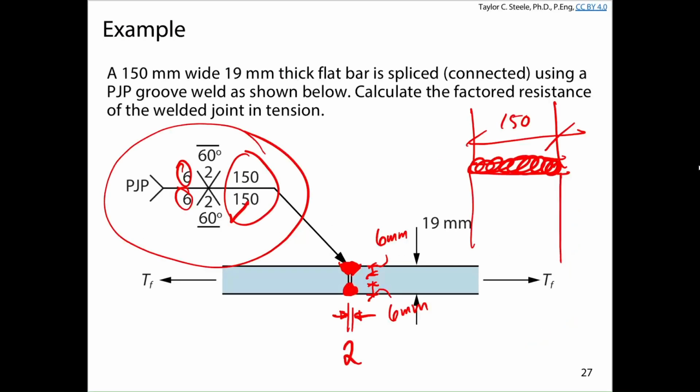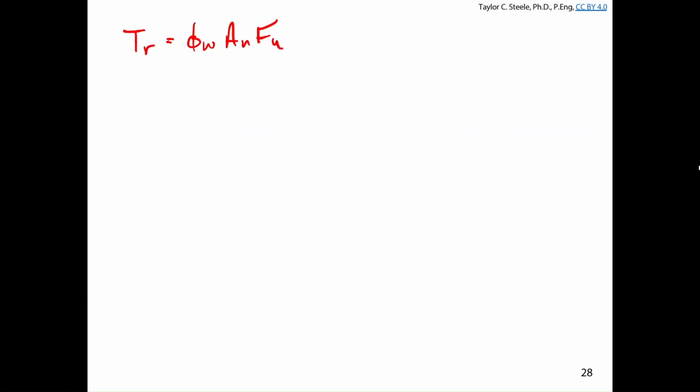That's the strength of the plate here, and that's because it tends to fail the base metal in a fashion something like this. We tend to fracture away. And so for here, it's going to be the 450. phi_w is always 0.67.